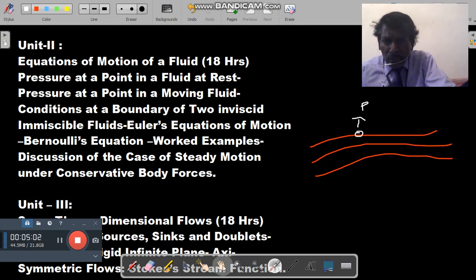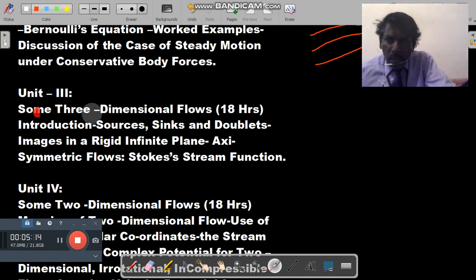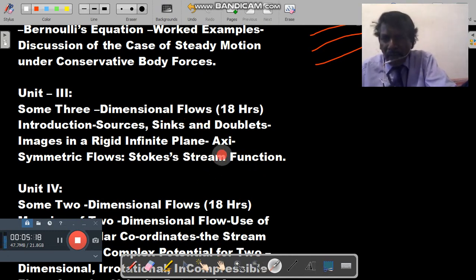Now coming to the third unit, which is about some three-dimensional flows. Again, three-dimensional flow we have to take into account. We know that three dimensions means x, y, z. The point on the movement of the fluid is based on the three dimensions x, y, z.